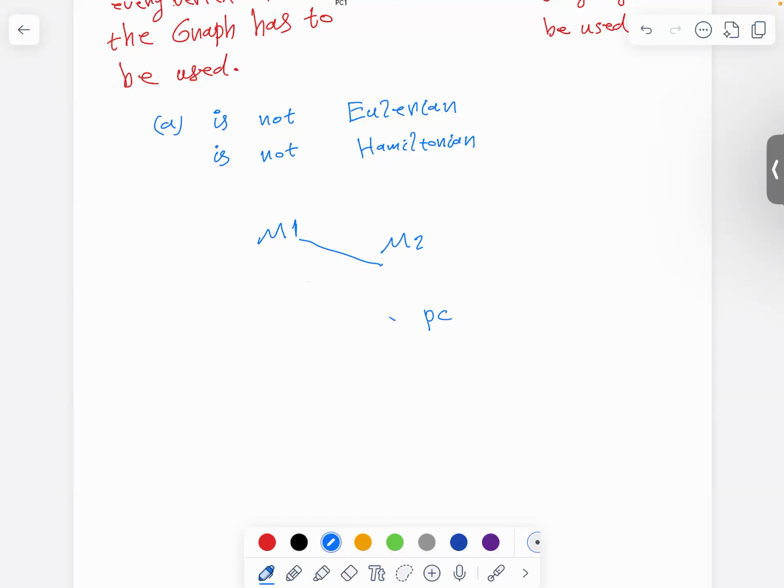So this means the server is a cut vertex in the graph.